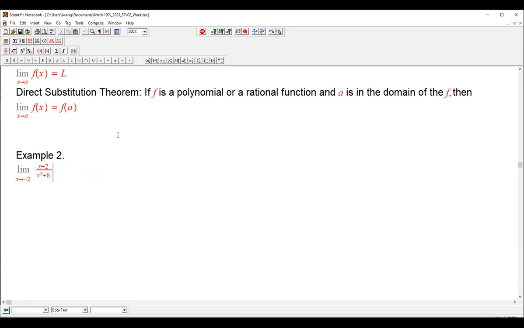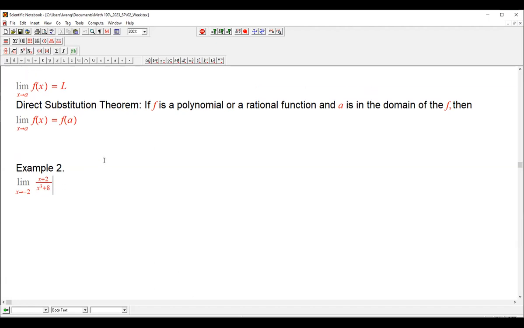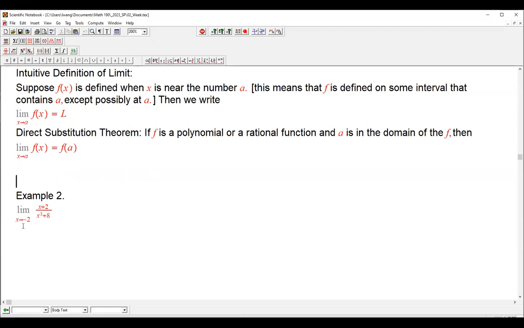Once again, we want to take the limit, and we want to check whether f of x is defined when x is near the number a, and a here in our case is -2. Is the function f of x equals x plus 2 over x to the power 3 plus 8 defined at -2? The answer is no.